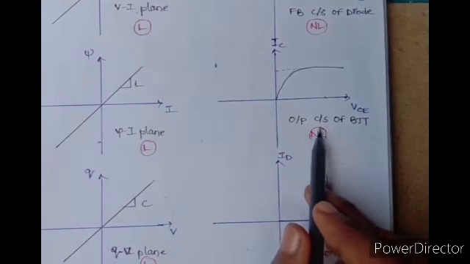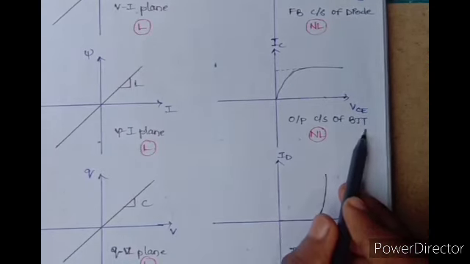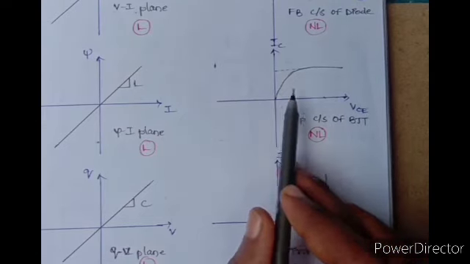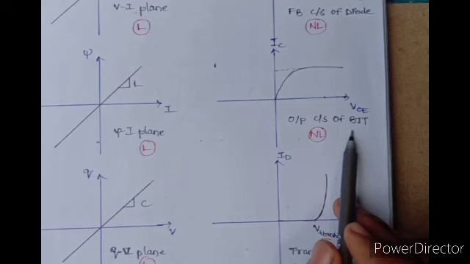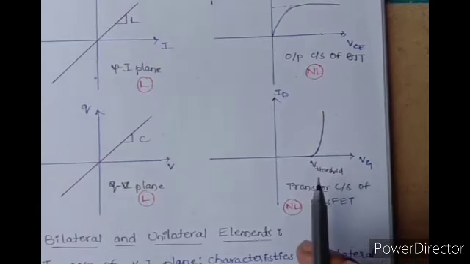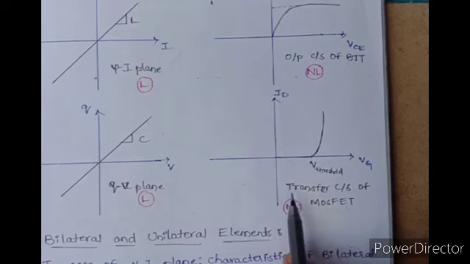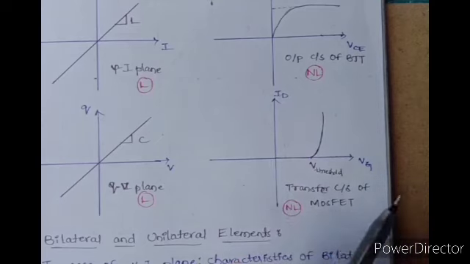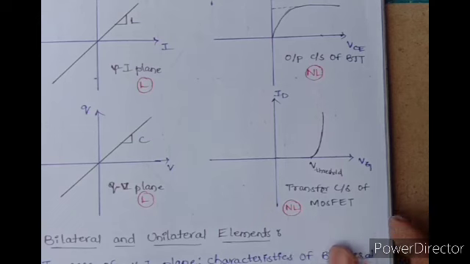This is the output characteristics of BJT, which is passing through origin but not a straight line. That means BJT is also a non-linear device. Now look at here. This is the transfer characteristics of MOSFET, which is passing through origin but not a straight line. That means MOSFET is also a non-linear device.